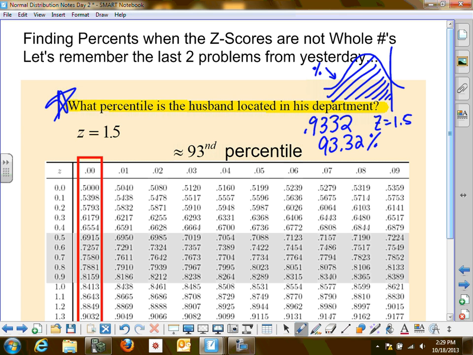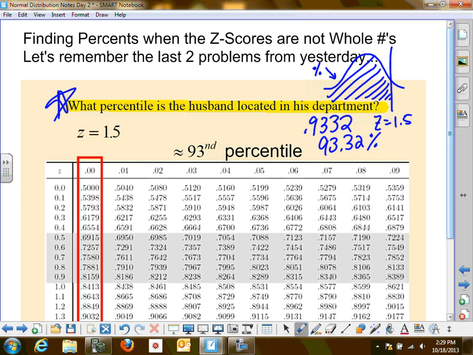So, somebody tell me what that means in context of this situation about the husband's salary and where he works. Correct. He's not making 90. Let me clarify. Now hold on, listen. One statement was made: he's making 93.32% more than the other people.